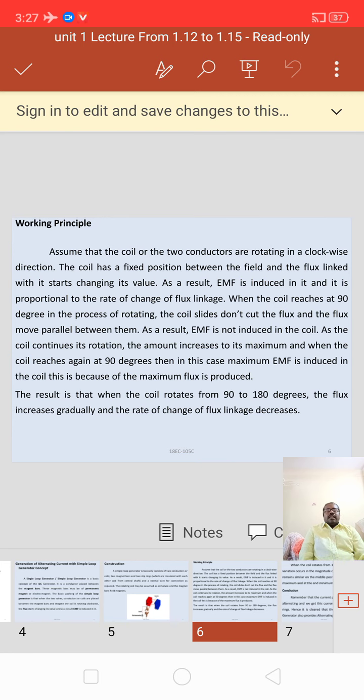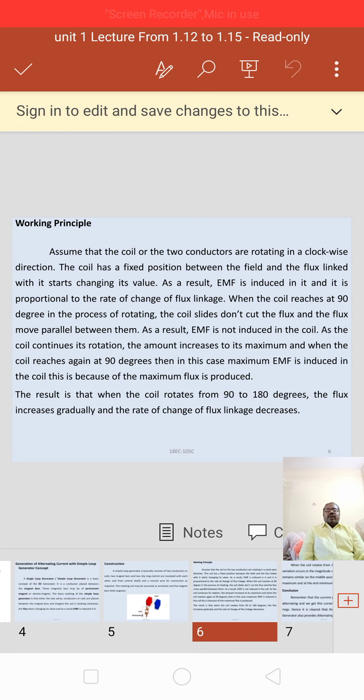See, the main working principle of simple loop generator is that when a small amount of energy passes through the conductors, the coil starts rotating in clockwise direction. As a result, a small amount of EMF is induced as the coil reaches 90 degrees.